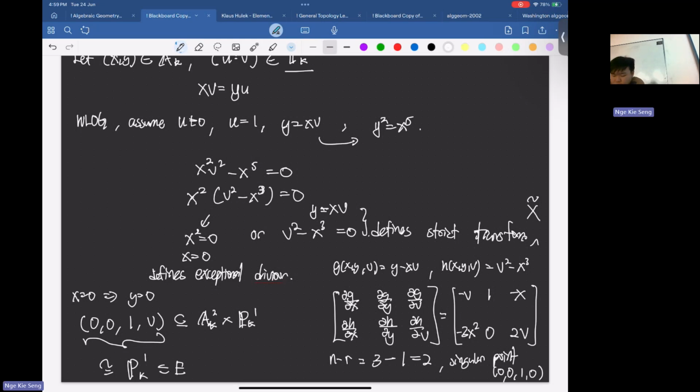Okay, and then now you can see that even if you apply the blow up one time, you still cannot guarantee that your strict transform is smooth. So you need to blow up again. But of course, if you try to blow up again, it suffices to look at this equation.